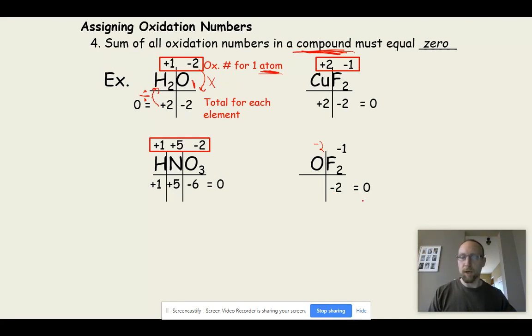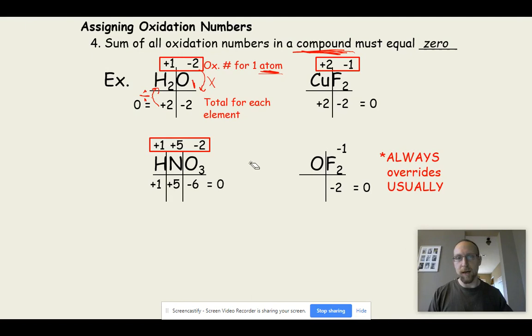So thinking about your rules, remember those words that we're associating with them, always and usually. So when that happens and you have a conflict, always overrides usually. So always wins. The usually is the one that's going to have to adjust to get things to work out and add up to 0, right?